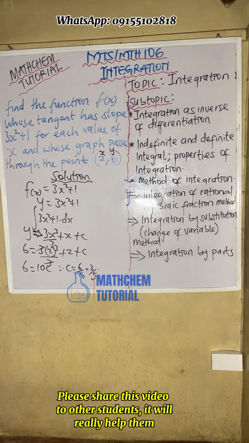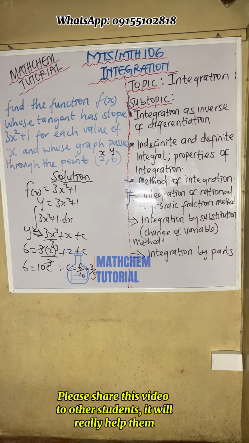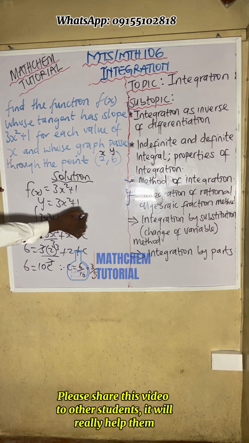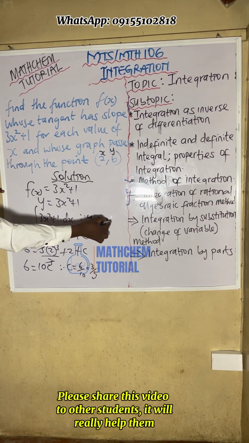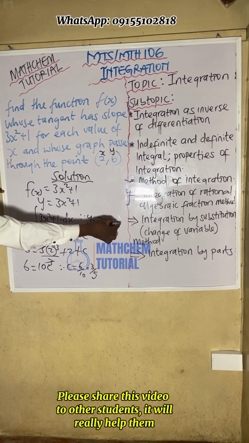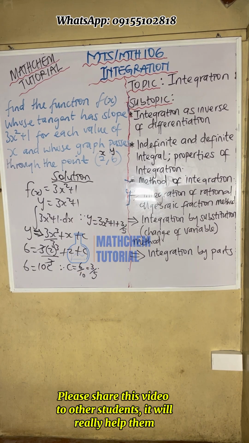So since our c is 3 over 5, we can now write the equation in full. The equation is going to be y equals 3x squared plus 1 plus 3 over 5. That's the value for the c.